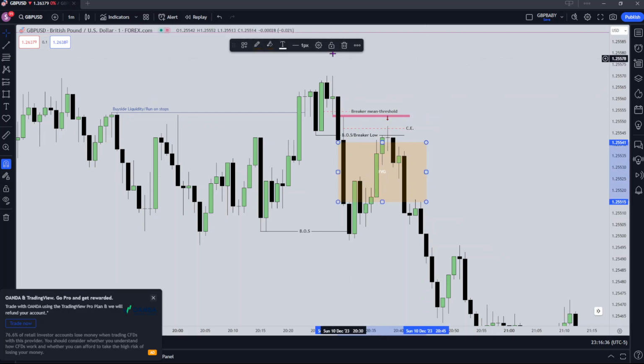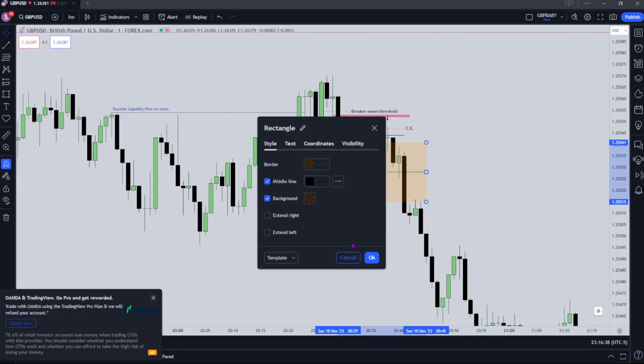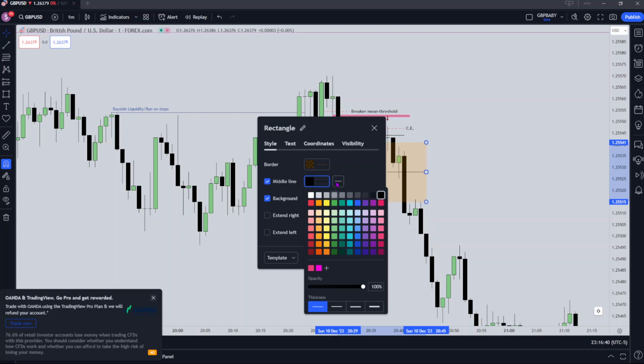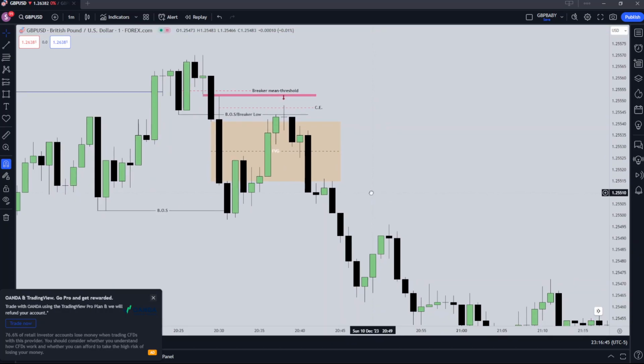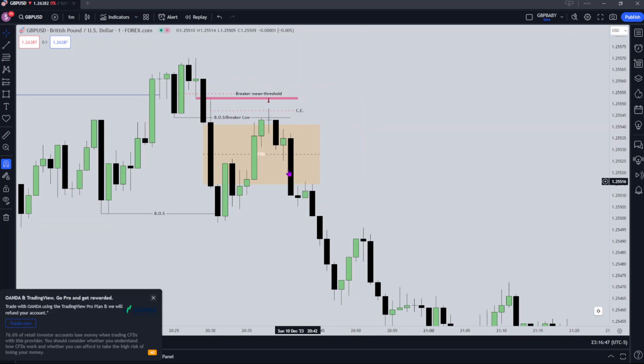I'm also going to make sure that the midpoint of this is also delineated. Another entry here as we trade into this smaller fair value gap.